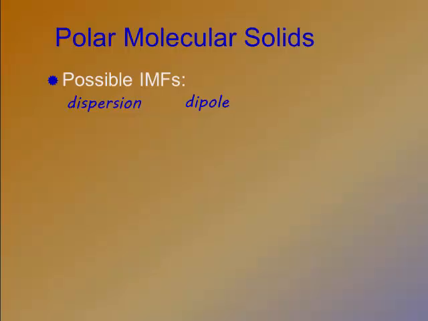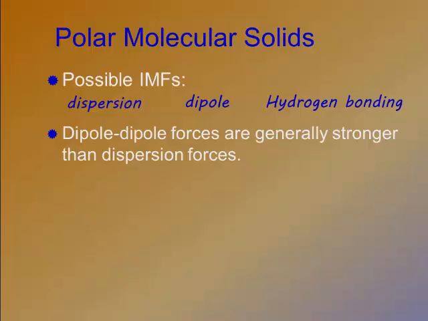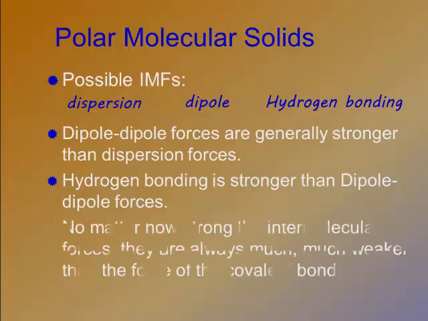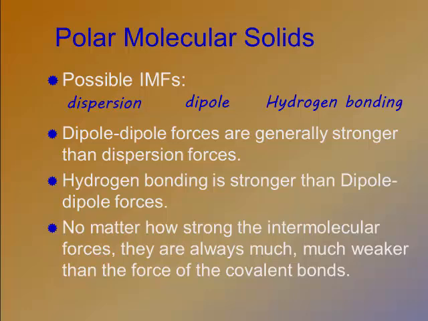And some polar molecules meet the criteria necessary to exhibit hydrogen bonding between molecules. Remember that dipole forces are generally stronger than dispersion forces, and hydrogen bonding is definitely stronger than dipole forces. But no matter how strong the IMFs, they're always much weaker than the covalent bonds that are inside the individual molecules.